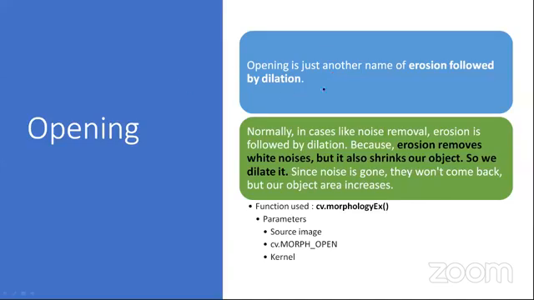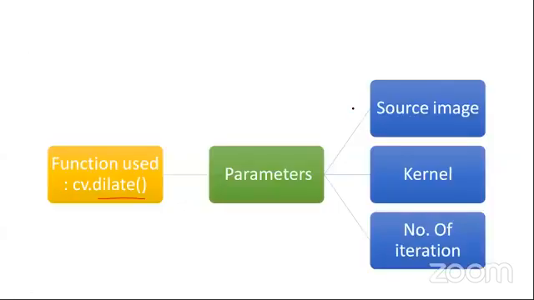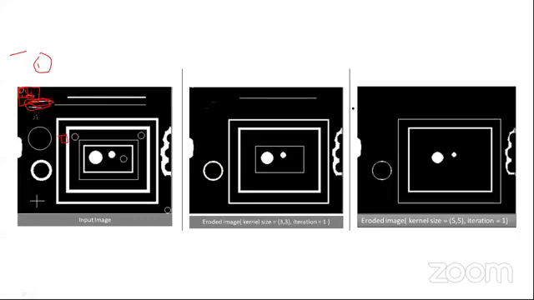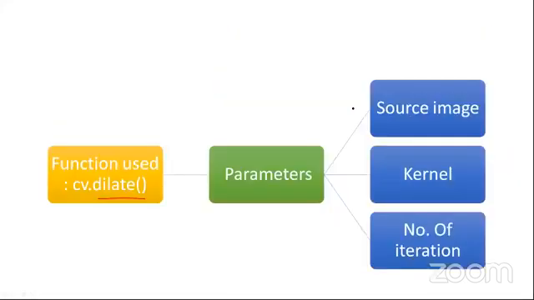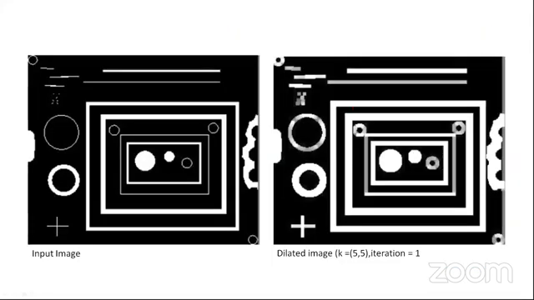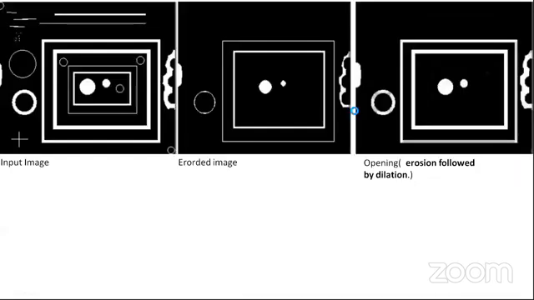So we have opening. Opening is erosion followed by dilation. So in erosion, what we do, we basically reduce the white noise, and in dilation, we increase the white region. So suppose this is an image, okay, but I want to remove this noise here, so I apply erosion, okay, and my noise is gone.